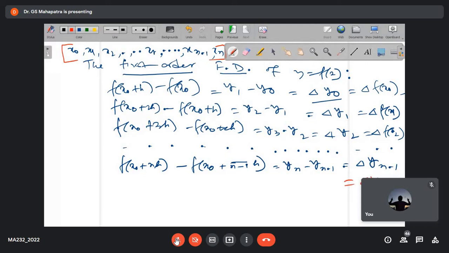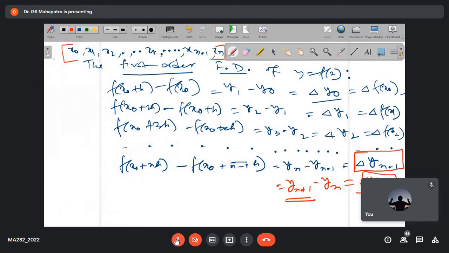That would be yn plus 1 minus yn. Do you have this one? No. So this one we can't evaluate. The last first order difference is del of yn minus 1.